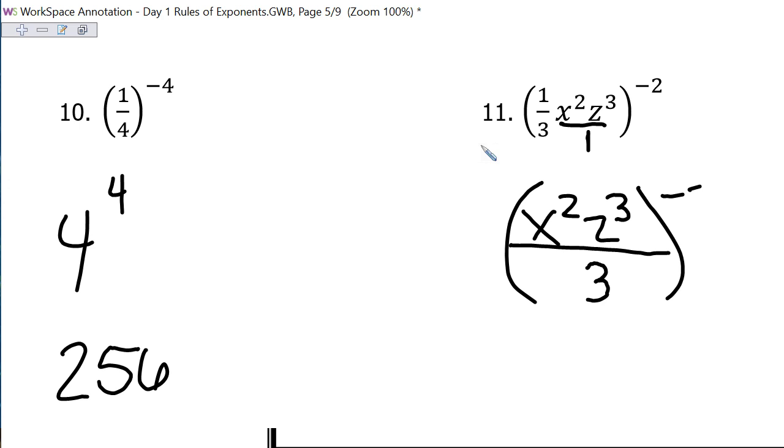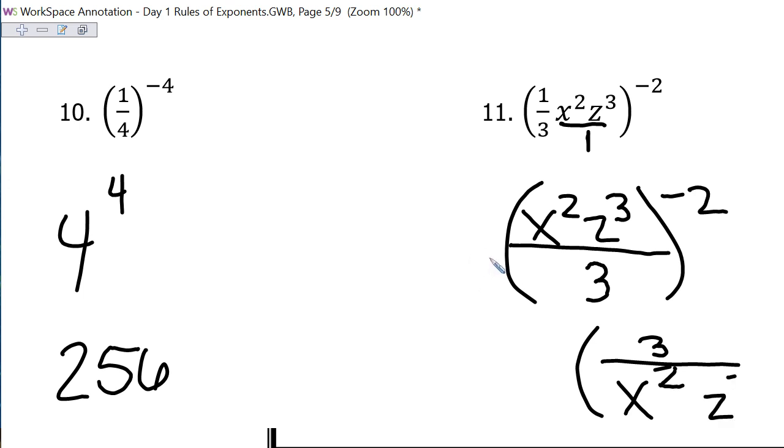Now what do I do if I have a fraction to a negative power? Flip it. So the 3 goes to the top, and x squared z cubed goes to the bottom, and negative 2 changes to a positive 2. Now everything inside the parentheses needs to be squared.